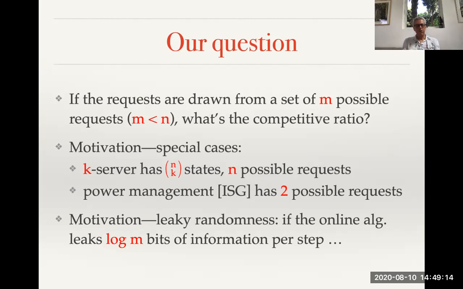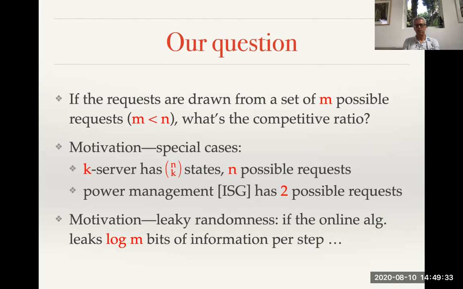Now, another different type of motivation is the issue of leaky randomness. Randomization in online computing is generally used effectively to hide the exact state of the online algorithm from the adversary that is generating the request sequence.